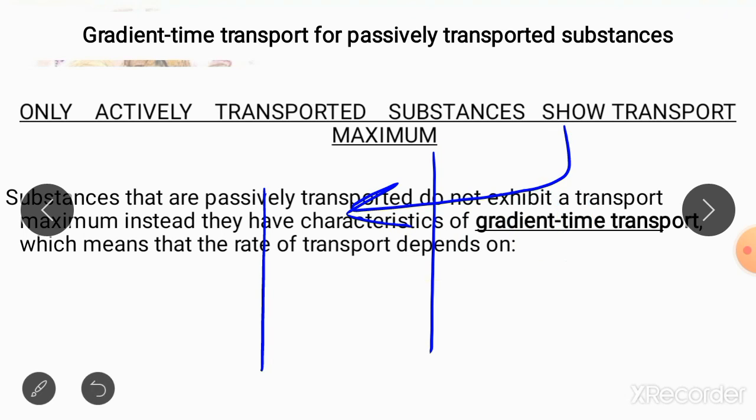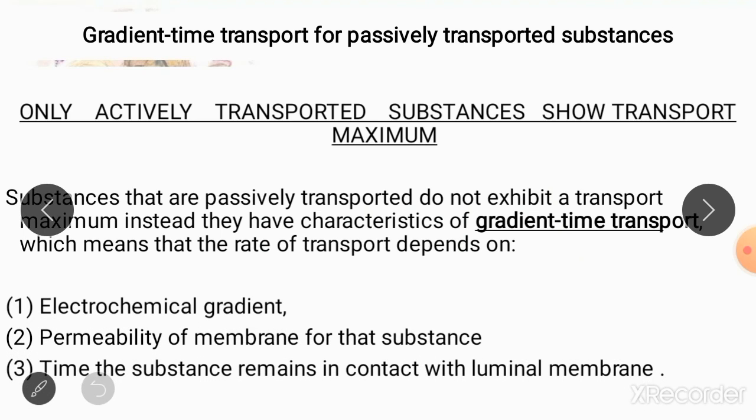So you must remember that transport maximum is shown by actively transported substances, and passively transported substances depend upon the concentration gradient, the electrochemical gradient, and the time of contact between the substance which is to be reabsorbed and the luminal membrane. So this is known as gradient time transport.